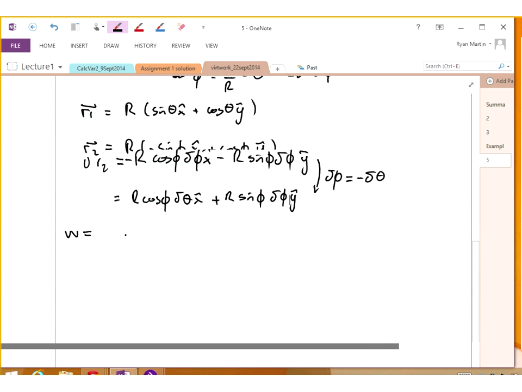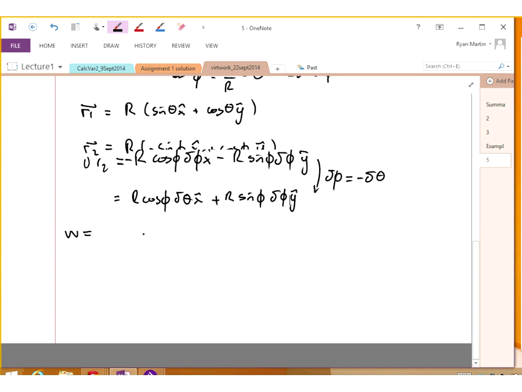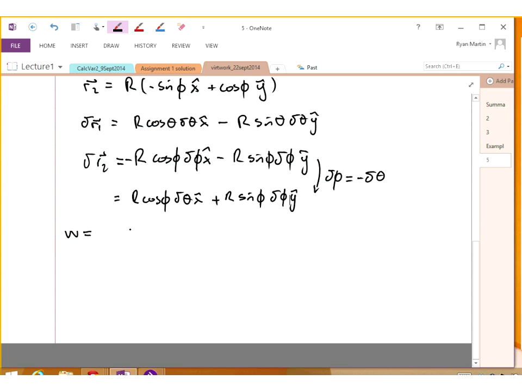So if we now calculate the total virtual work, that's going to be M1 g dotted with delta R1 plus M2 g dotted with delta R2, where M2 is 2M and M1 is M. So in both cases, only the y component matters.